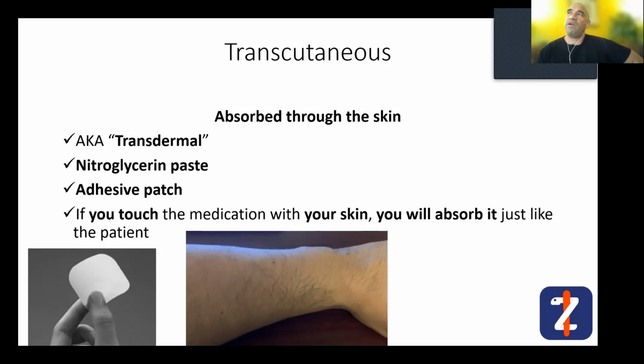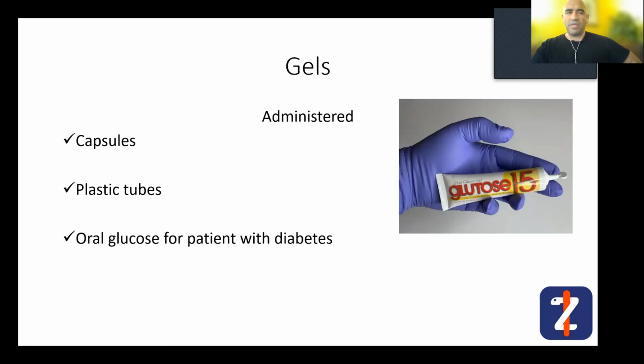There are situations, in CPR, where you have to put on gloves and remove that nitroglycerin paste, because if you touch it, it's going to absorb through your skin into your bloodstream, and then that effect can happen on you. So you become the patient. If you touch the medication with your hands, you will absorb it just like the patient. So just be careful when you're dealing with these types of medications, the transdermal gels.